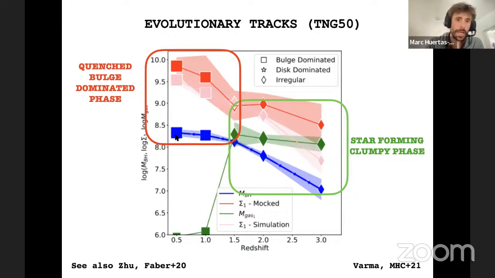When the black hole changes its regime, it stops accreting, feedback becomes ejective, and you can see that gas is depleted super fast. You don't have any more gas in the center, no more gas for star formation. However, you start seeing an increase of sigma-1, and this is where you transform your morphology. This is a bit puzzling, because it means that the increase of stars in the center, the central density, is not driven by star formation, since you see this increase while the gas is being depleted.